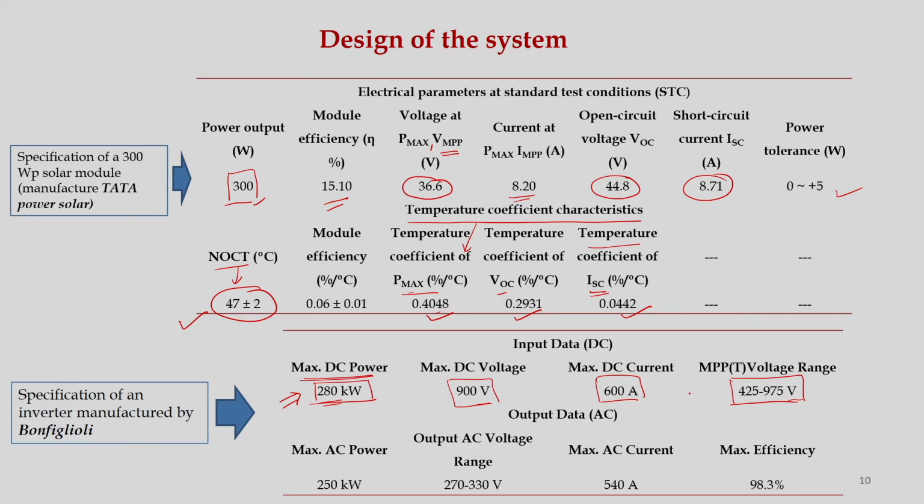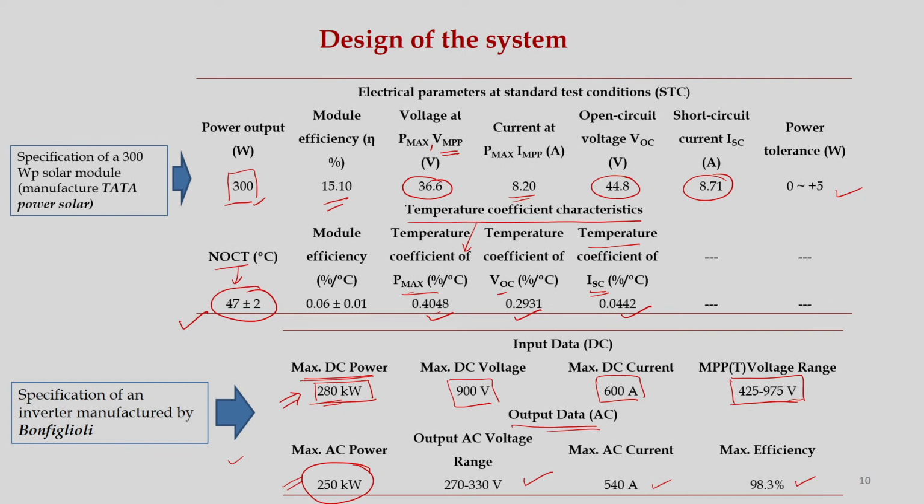These informations are required while designing or matching the PV array and inverter. Output voltage is also required. Maximum AC power is 250 kilowatt for this configuration, voltage is 270 to 300 volt, AC current is 540 ampere, and maximum efficiency is 98.3%.